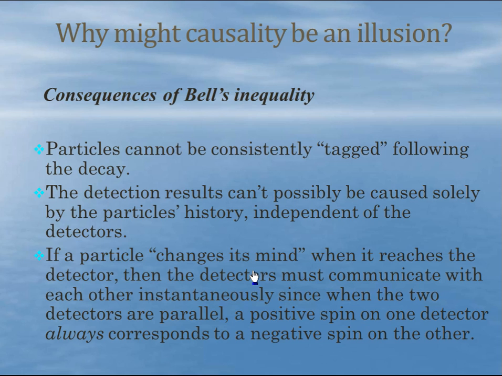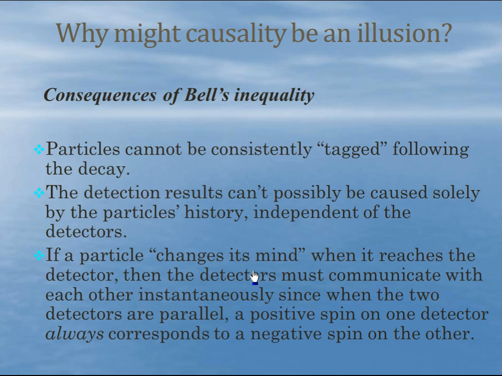So you can think of this scenario where two daughter particles are coming off, and one reaches the detector on the left and says, okay, I see this detector, and my spin is going to be a certain way, but I better check with my other daughter over there and make sure that my spin is opposite to hers. This is kind of a strange scenario, and there are different ways to accommodate this difficulty.